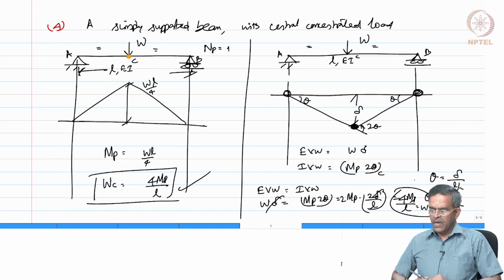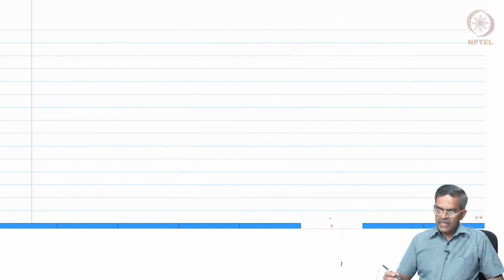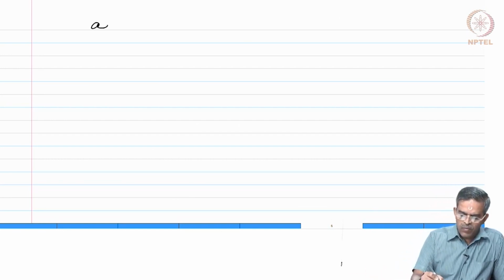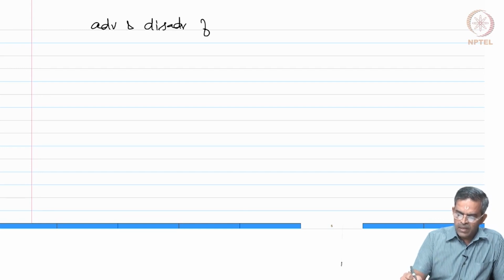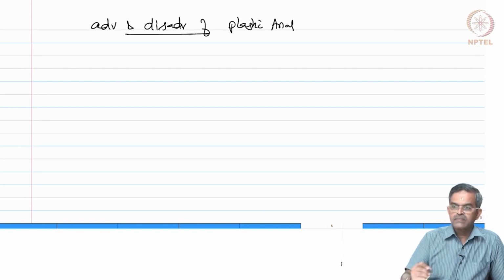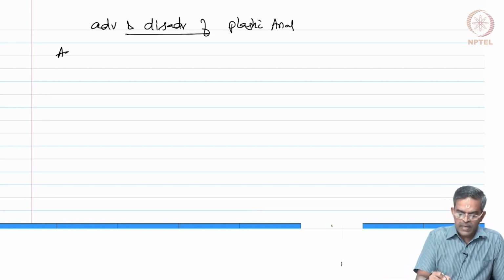Now, let us quickly compare with this understanding the plastic and elastic analysis. Okay? Let us say what are the advantages and disadvantages of plastic analysis. Let us say the advantages. 1.